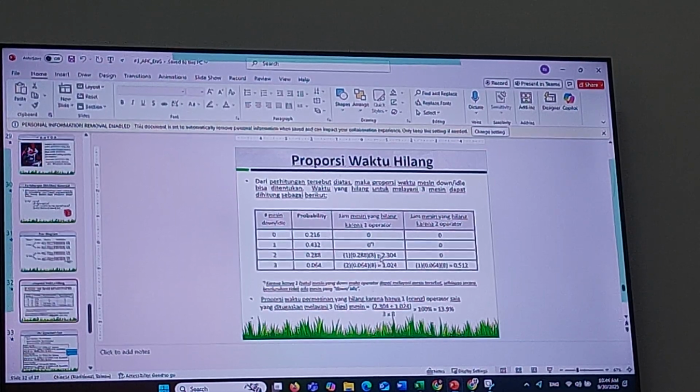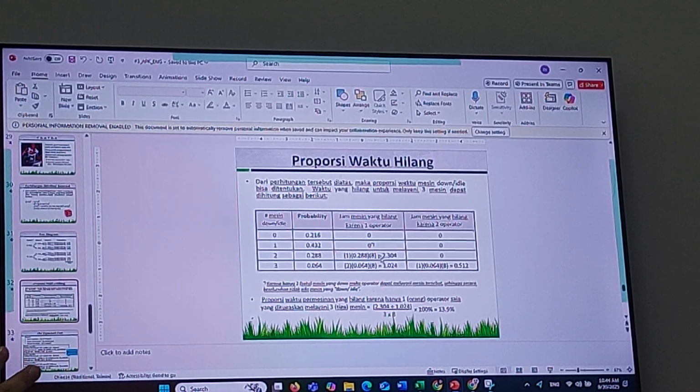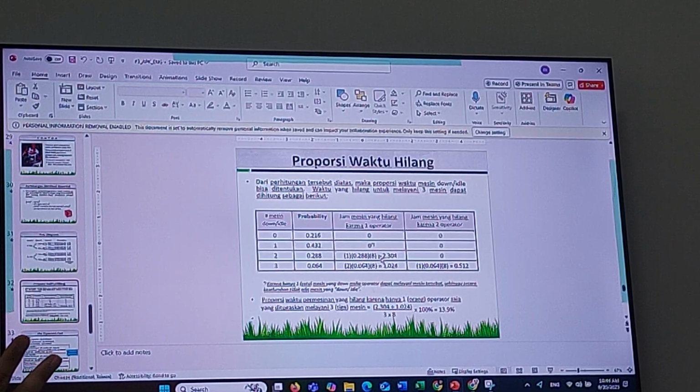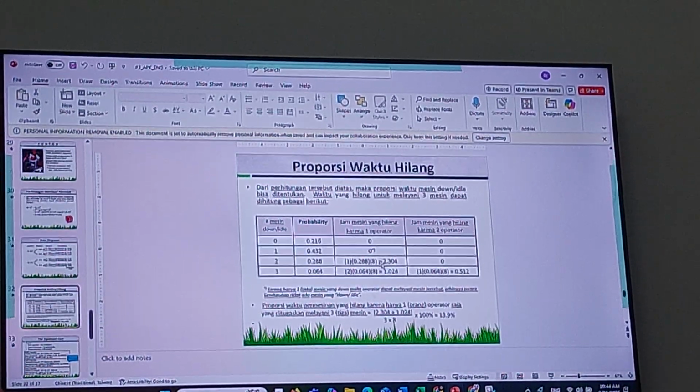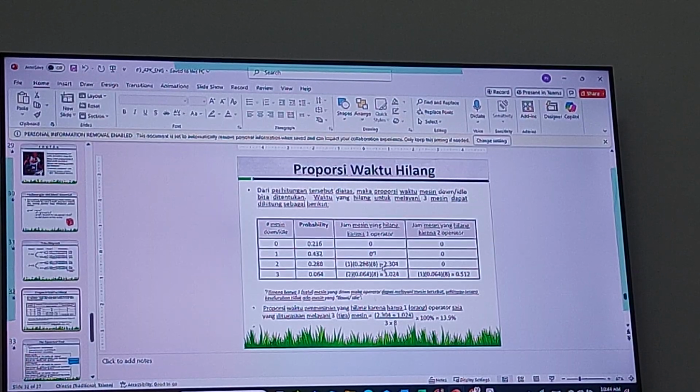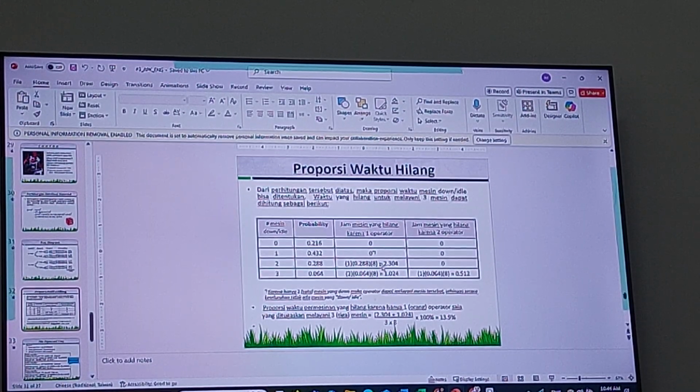The same thing applies on the right side. If we have two operators, in the last row, we have 3 machines all down.